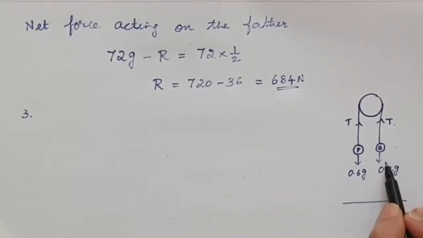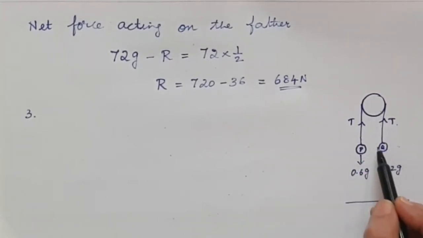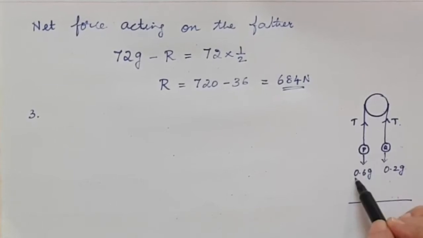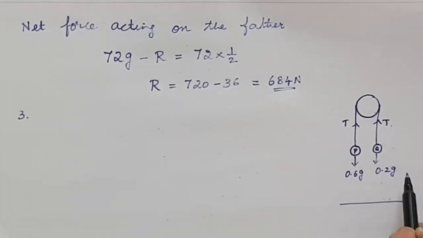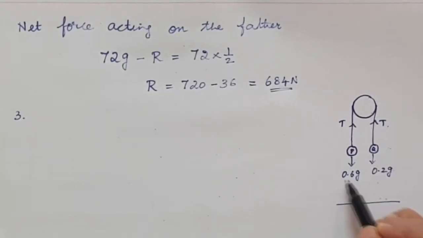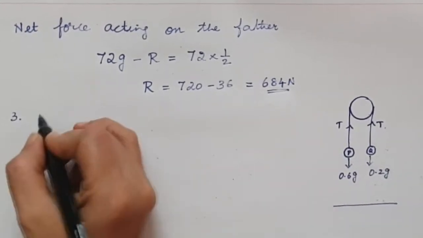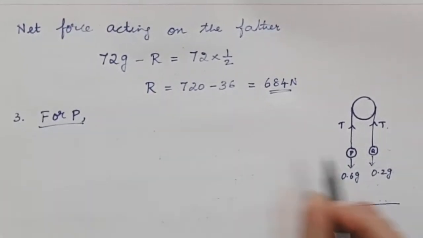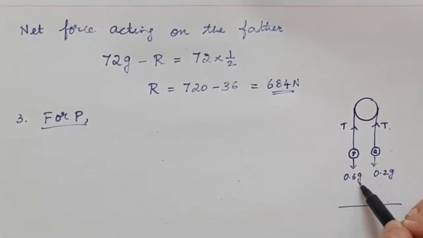Now this is the diagram given to us. Particles P and Q are attached by an inextensible string and they are at the same height. P is of mass 0.6 and Q is of mass 0.2. So the weights are 0.6g and 0.2g. Now if you take all the forces acting on the particle P, this is the tension and this weight is acting.